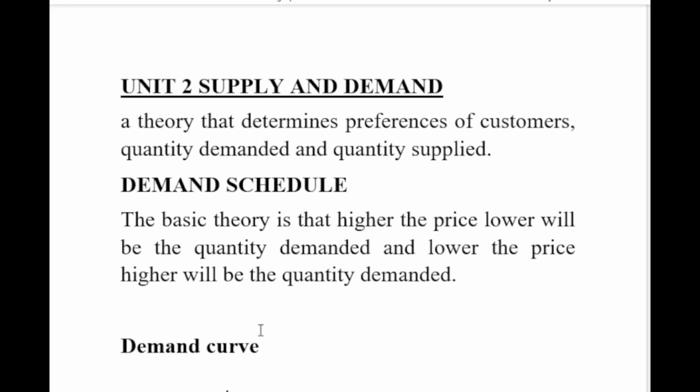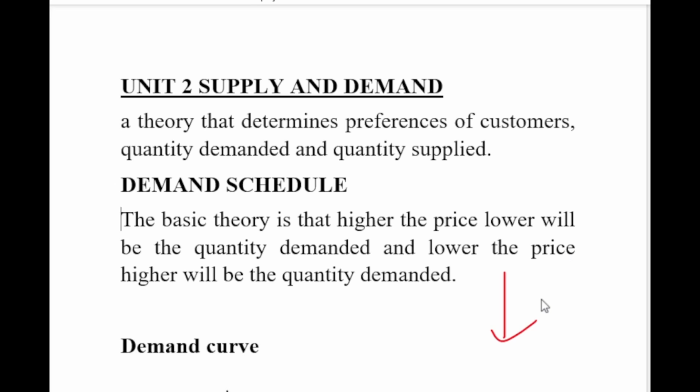So let's talk about the demand schedule. As you all know, the consumer tends to buy less at a higher price. We all know that. Therefore, the price of a commodity is inversely related to the quantity demanded.